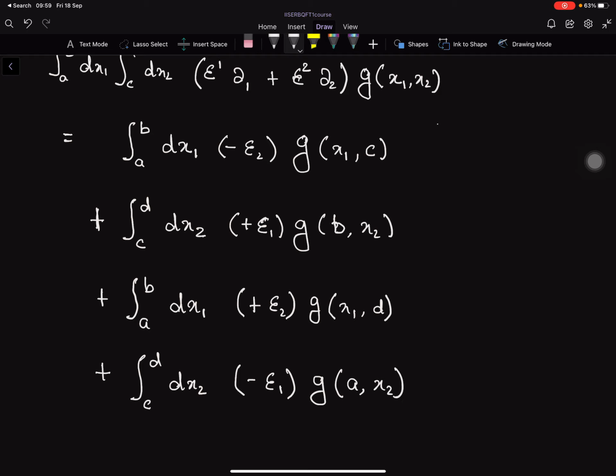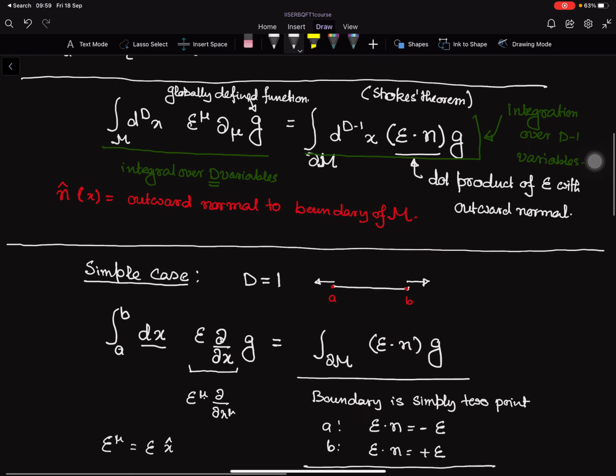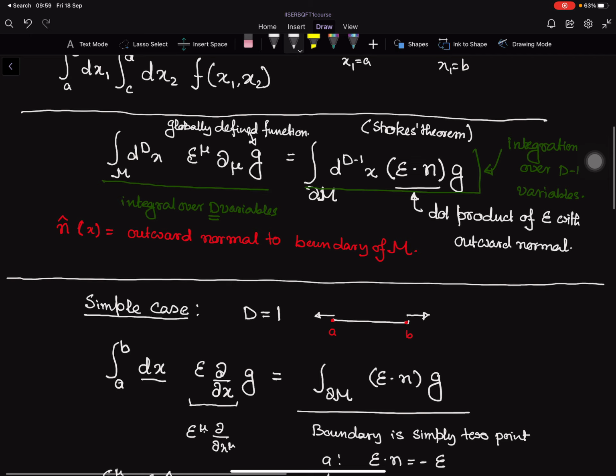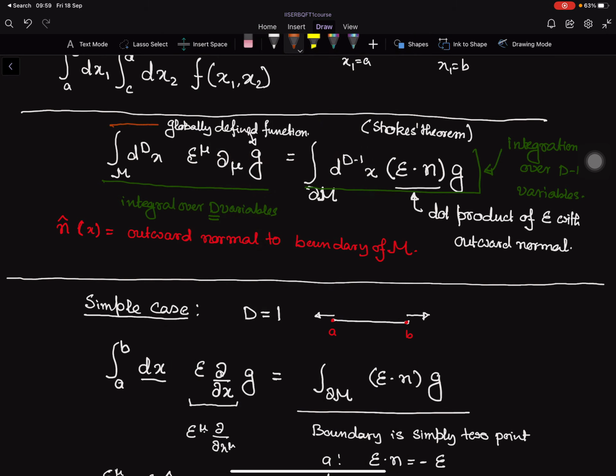Okay, and this follows from Stokes' theorem. So the theorem says, let's go back to the statement again. Let's say we are integrating over some d variables which take values in some range M, and we are integrating a total derivative.